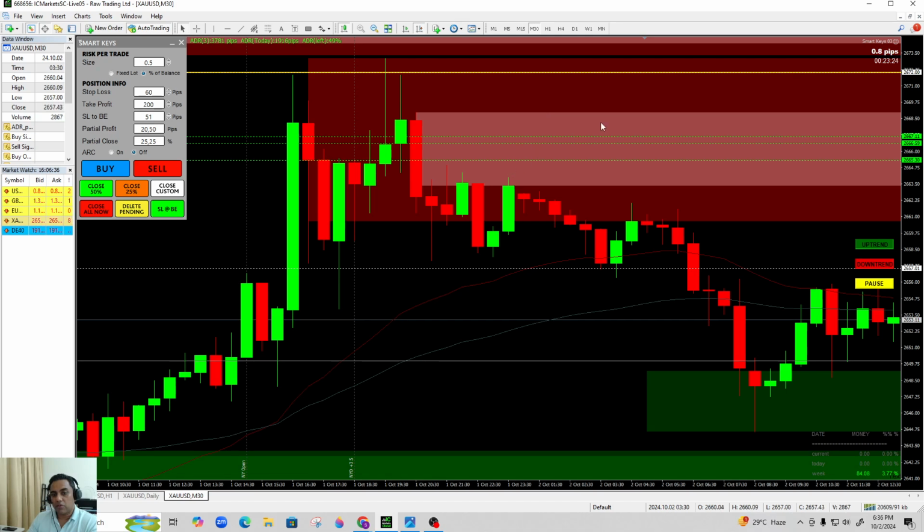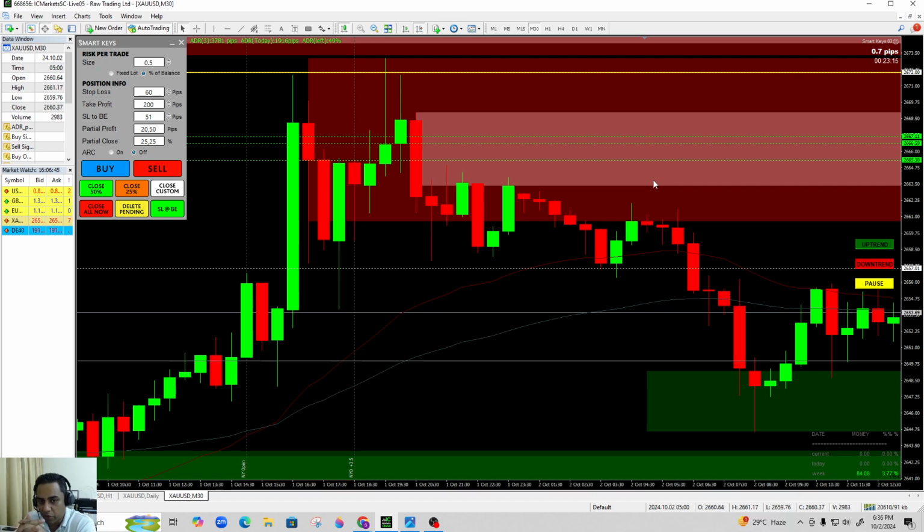So then we just got to see if that reaction has a decent risk to reward potential. So where we can have a fairly small stop loss to a larger reward. So we got to wait for price to come up here.